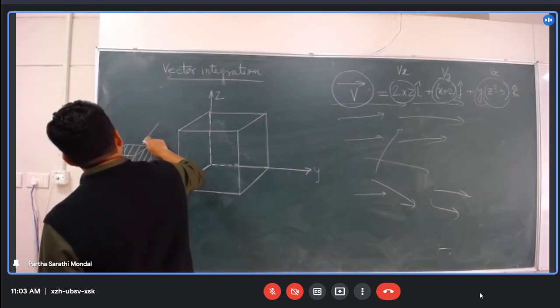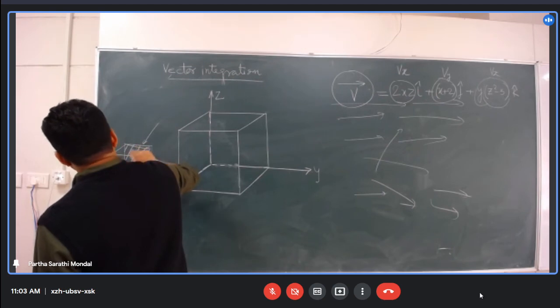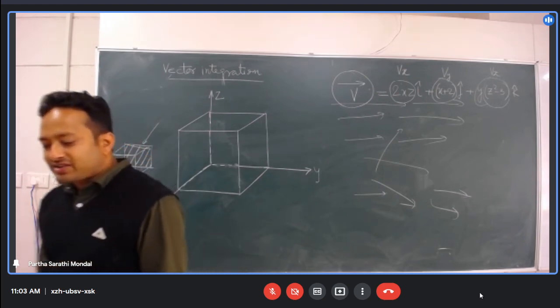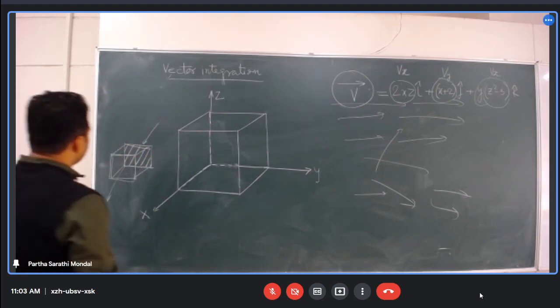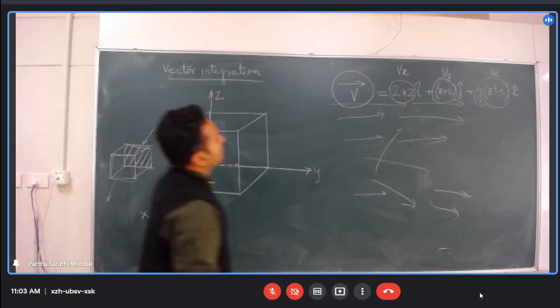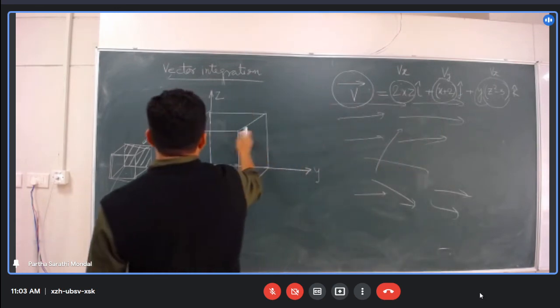And now if I calculate the inward flux for the back surface and outward flux for the front surface, their subtraction will give you how much net flux you will have. Okay. Similarly for Vy, so this component, so you take this surface and this surface.